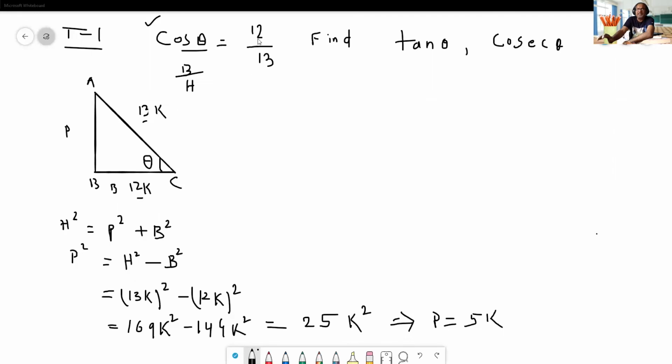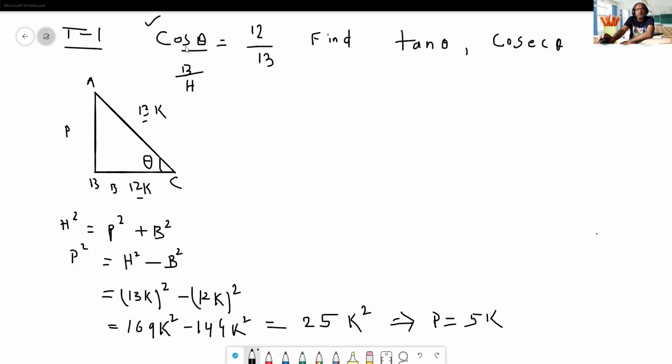Now you cannot take it absolute value. You have to take it 12k, where k is not equal to 0. So we are taking this base as 12k and the hypotenuse as 13k. So base is 12k, hypotenuse is 13k. Now this is the information given by this cos theta.